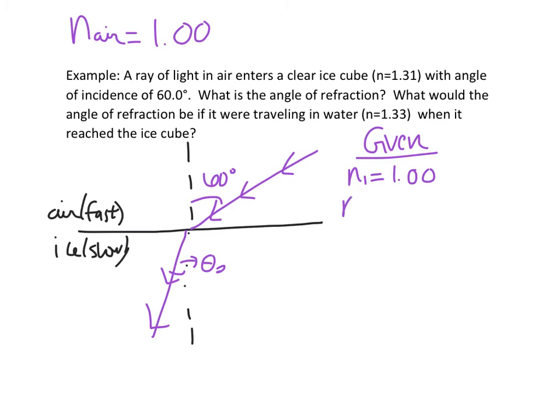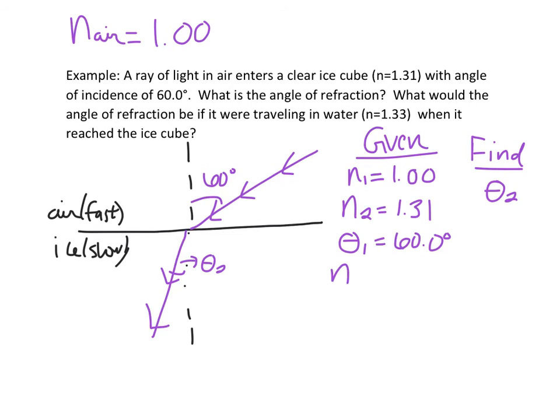It enters into the ice cube, so we're going to call that N2, the refracted medium, 1.31. My angle of incidence, theta 1, is 60 degrees. We are looking for the angle of refraction, so that would be theta 2. And then part B, if your N2 is 1.33, we're looking for theta 2. All we're going to do is use Snell's Law.